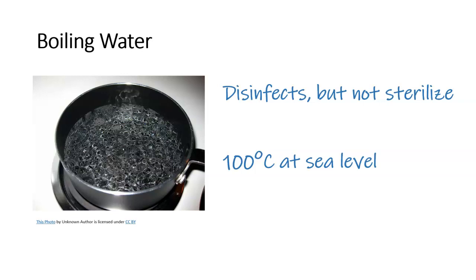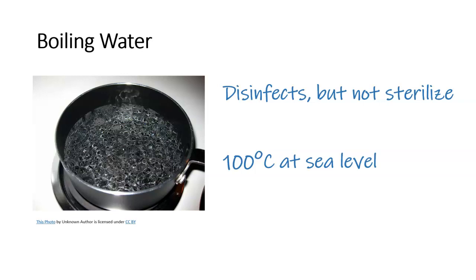It is important to remember that water boils at lower temperatures at higher altitudes. These temperatures may be low enough, particularly up in the mountains, like in the Rocky Mountains or out in Colorado, that protozoan cysts can survive.